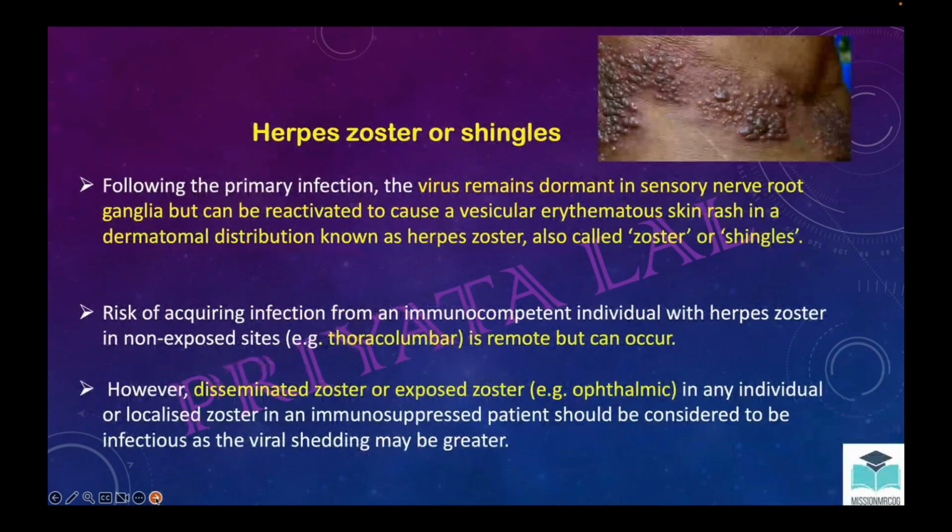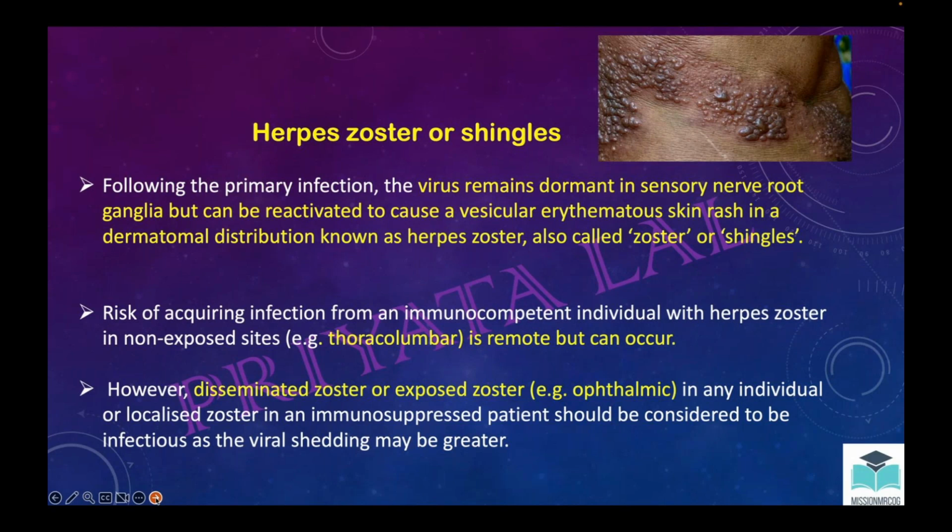Now, when the first episode occurs, that would be chickenpox or varicella. But this virus usually remains dormant in the sensory nerve root ganglia. The virus is not going anywhere, and any time when there is low immunity, it may be reactivated.